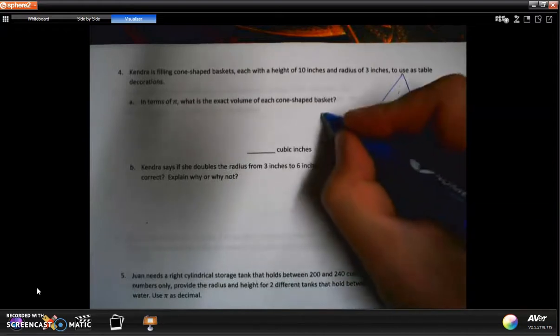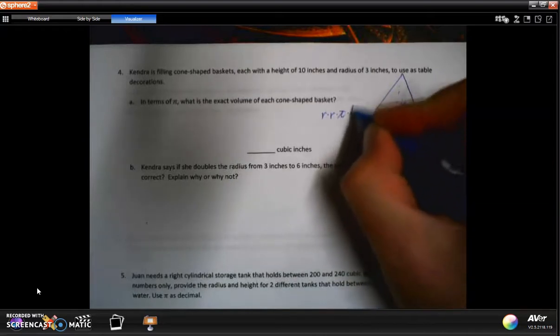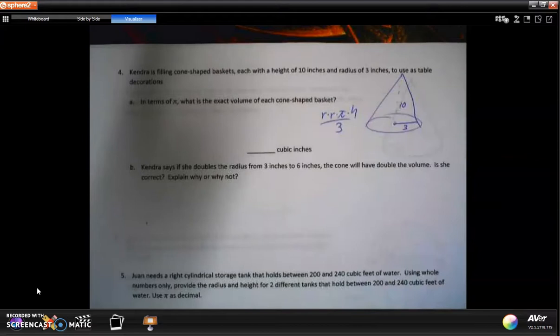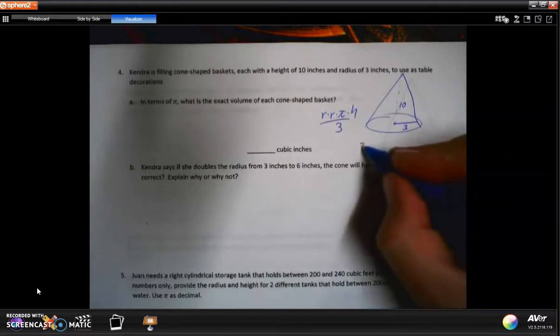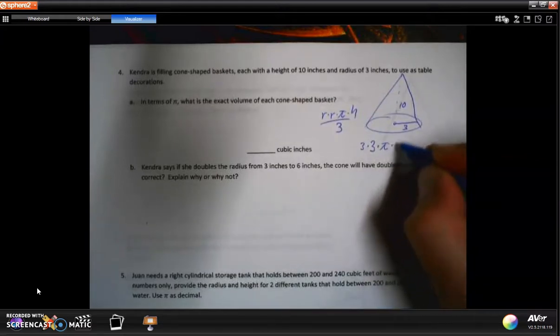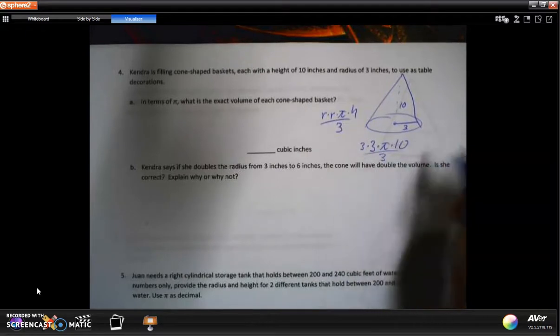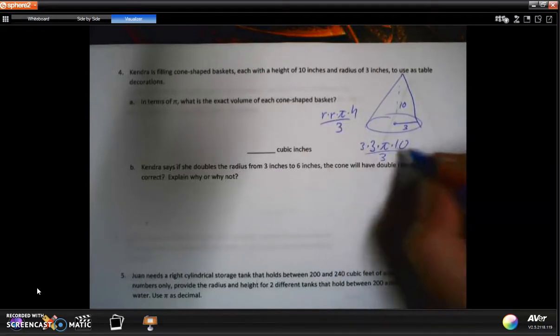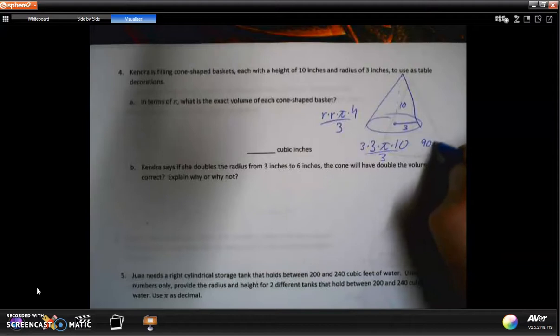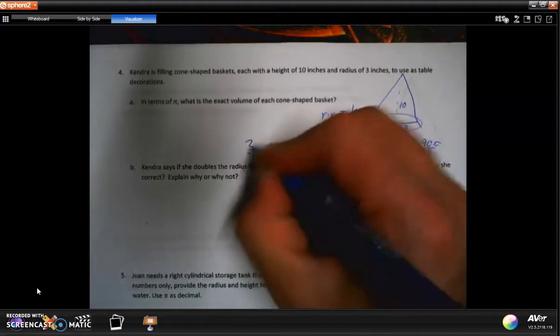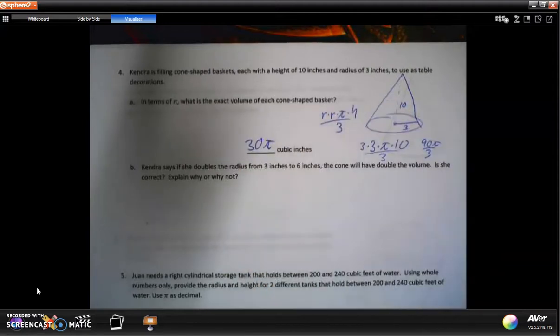So it's radius times radius times pi times height divided by 3. So I go 3 times 3 times pi times 10 divided by 3. 3 times 3 is 9. 9 times 10 is 90 pi divided by 3, so it's 30 pi, because 90 divided by 3 is 30.